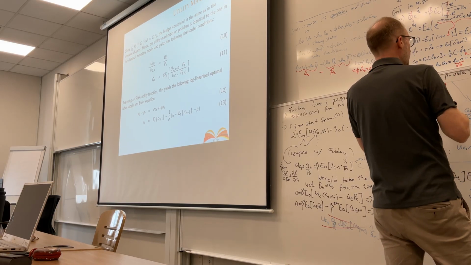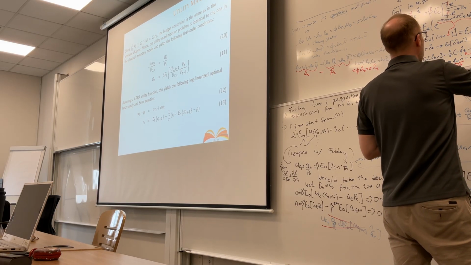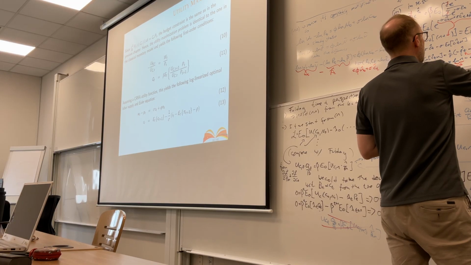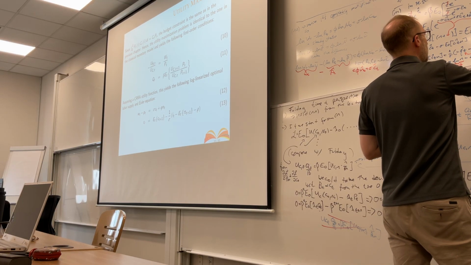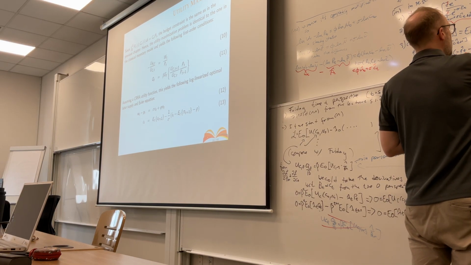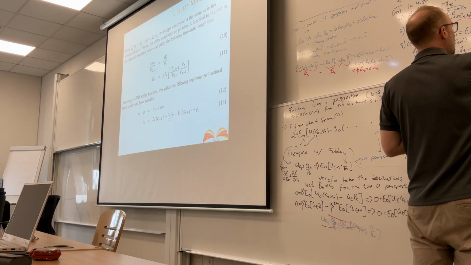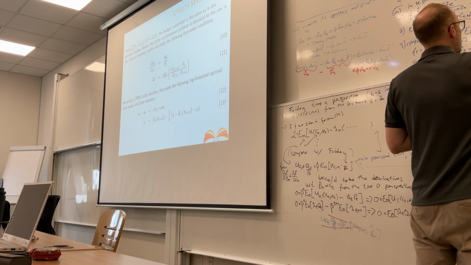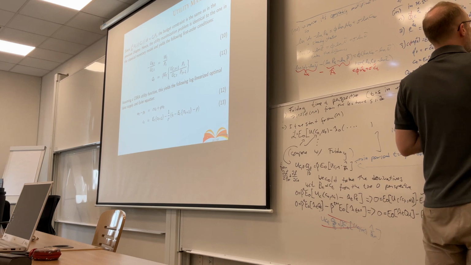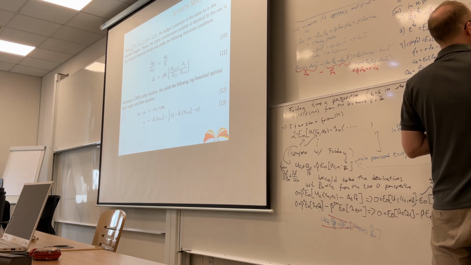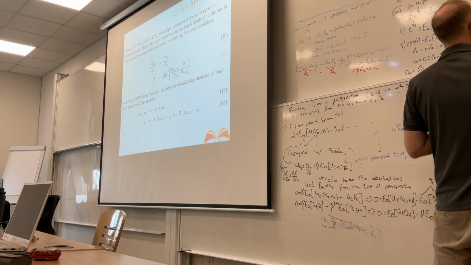Inserting that into there, we get then E t, c hat t plus 1 minus 1 over sigma, i t minus E t, pi t plus 1 minus rho.